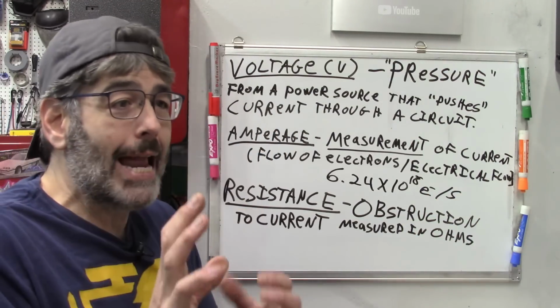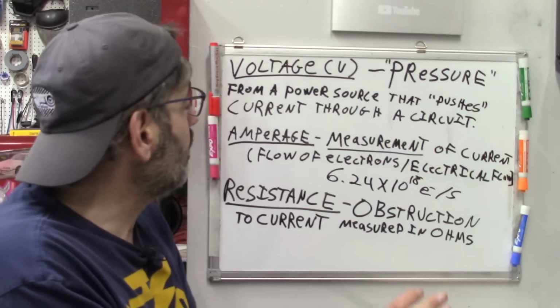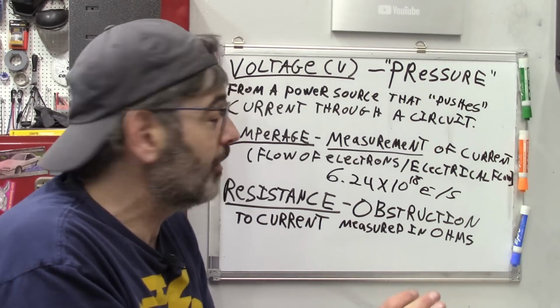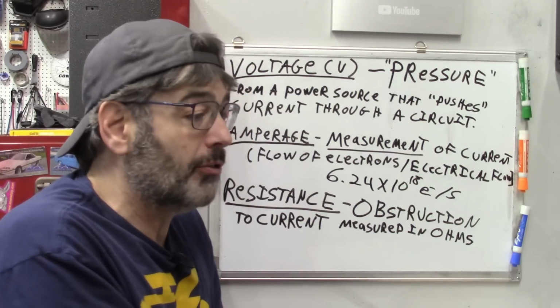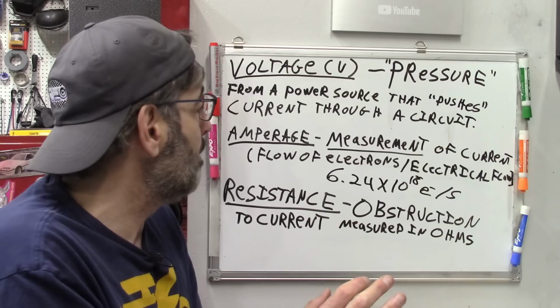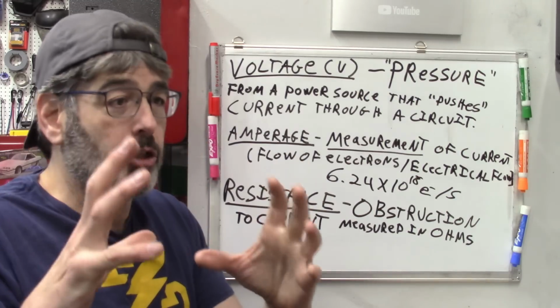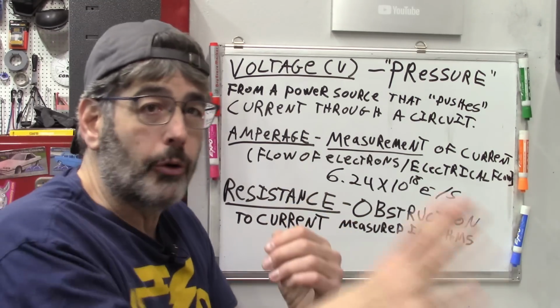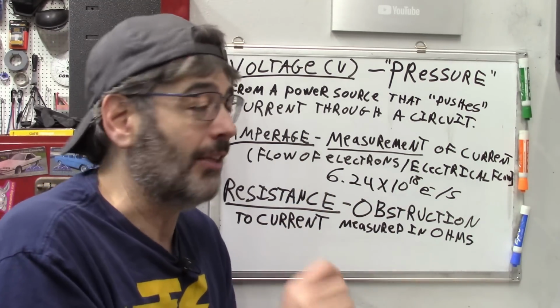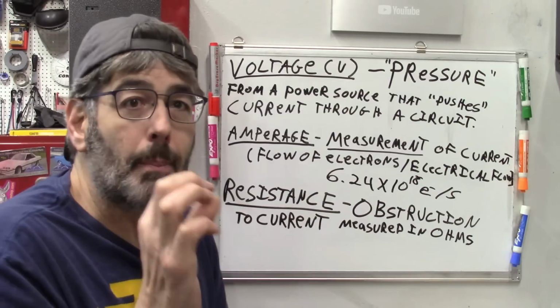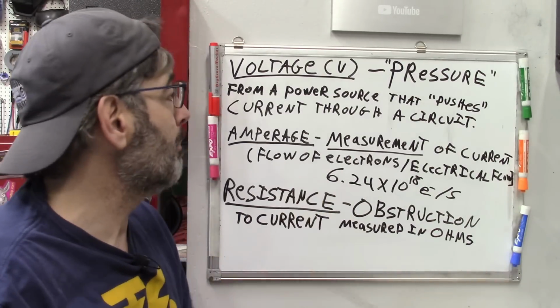So an amp is going to be 6.24 times 10 to the 18th. I don't know what that's like, billions and billions and billions. It's a billion electrons going through every single second. And that is the actual measurement that you're doing with amperage.